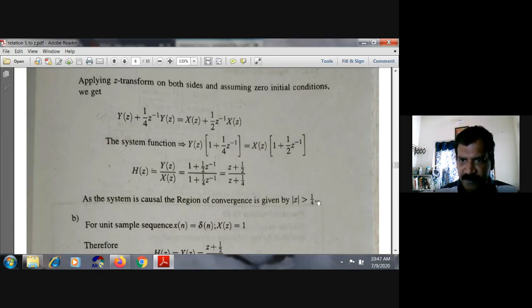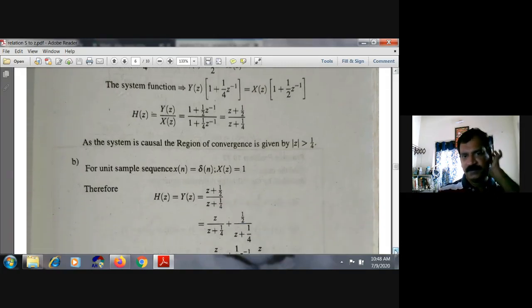Is the system stable? For a system to be stable, the unit circle must lie in the ROC. Here the ROC is modulus of z greater than 1 by 4, that is 0.5. Since the ROC is greater than 0.5, the unit circle lies in the ROC. So the system is a stable, causal system.